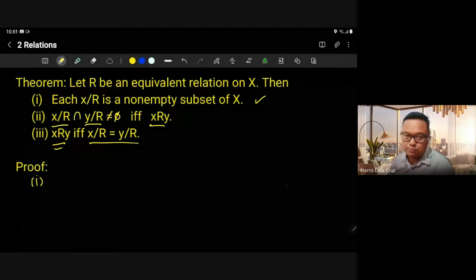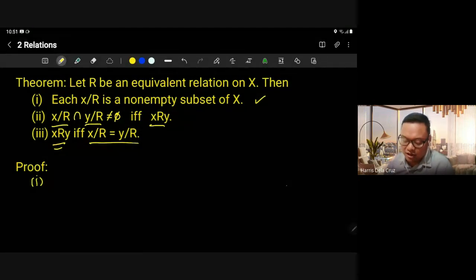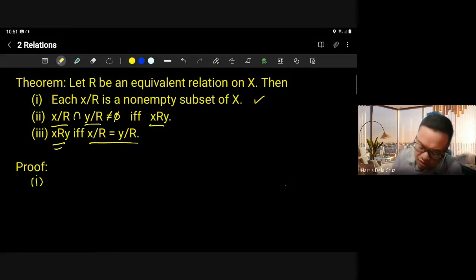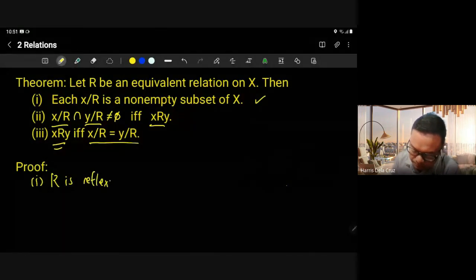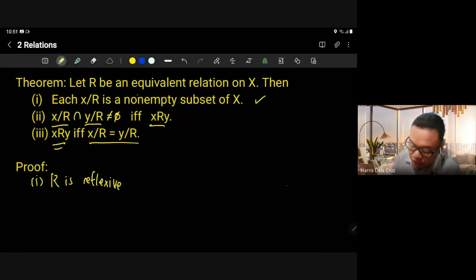Okay, so let's prove that each x over R is a non-empty subset of X. Given that R is an equivalence relation, we know that R is reflexive. Kasi equivalence relation siya, so reflexive siya.